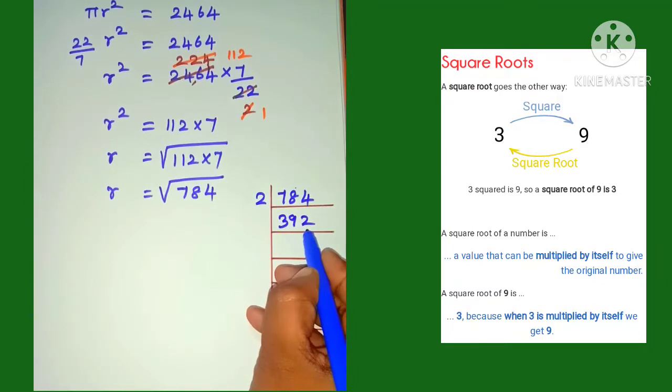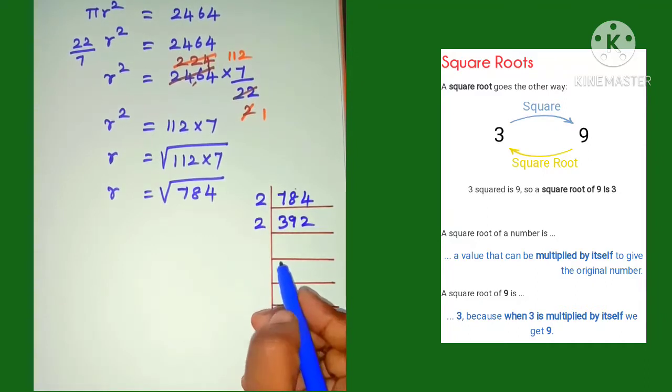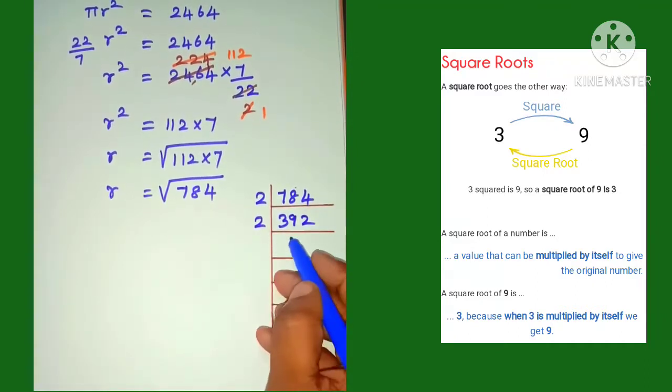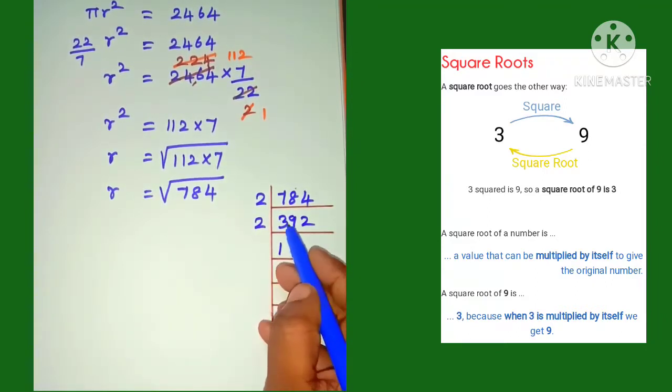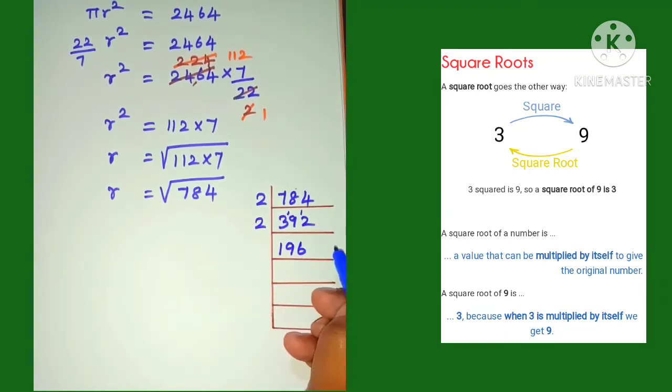And here again 2 is the last digit which is even. So we can take the prime factor 2. And here 1 2s are 2 and balance 1, and 18 which is 9 2s are 18, and here 1. So 12 is 6 2s are 12. So 196.